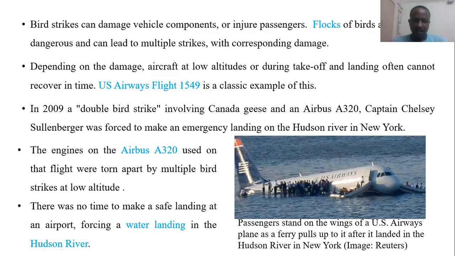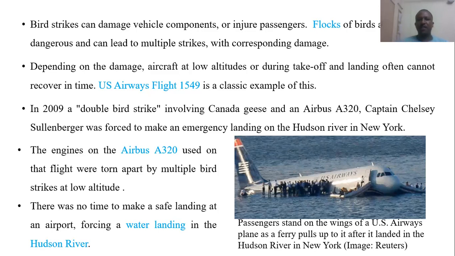In 2009, a double bird strike involving Canada geese and an Airbus A320, flown by Captain Chesley Sullenberger, forced an emergency landing on the Hudson River in New York after the strike with the geese.